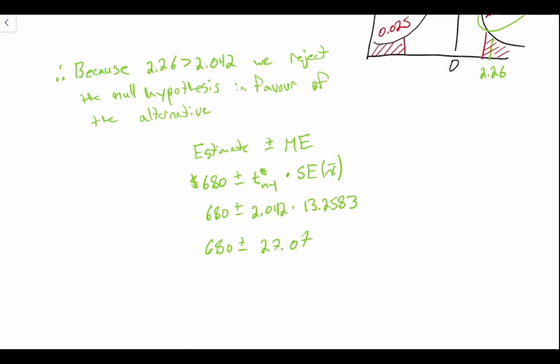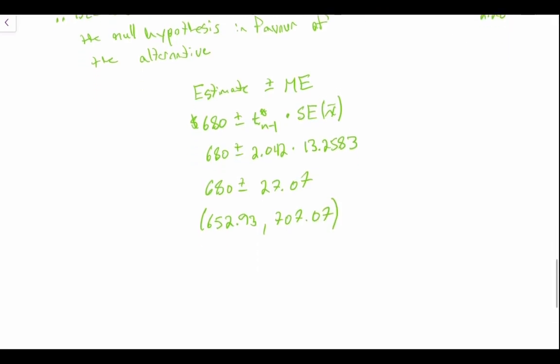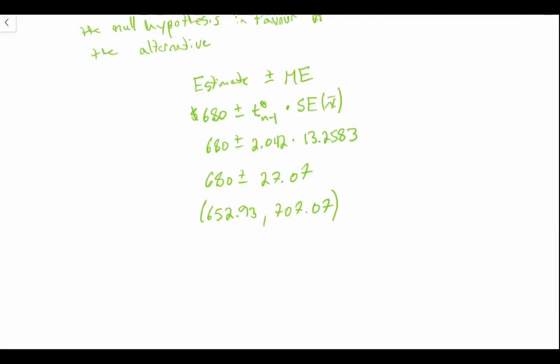So 680 minus 27.07 gives us 652.93, and 680 plus 27.07 gives us 707.07. So what you'll notice about our 95% confidence interval here is that the estimate of 650, that was the historical mean of our audit fees, is not included in our confidence interval.